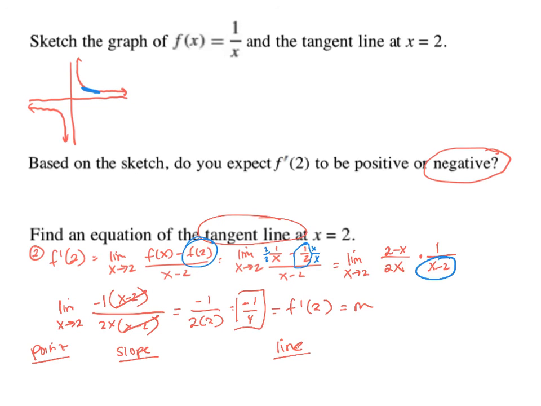I inputted f of 2, and I got out 1/2. So my ordered pair is 2, 1/2. My slope, well, that's the work that I just did. That's negative 1/4. So then my line becomes y minus 1/2 equals negative 1/4 times x minus 2. And that's your final answer.